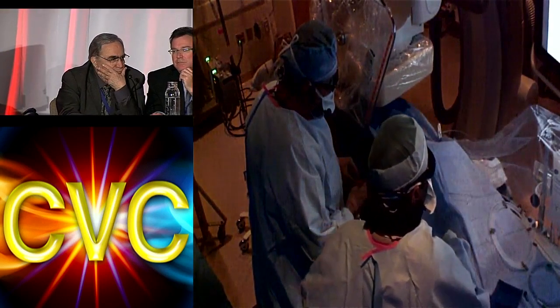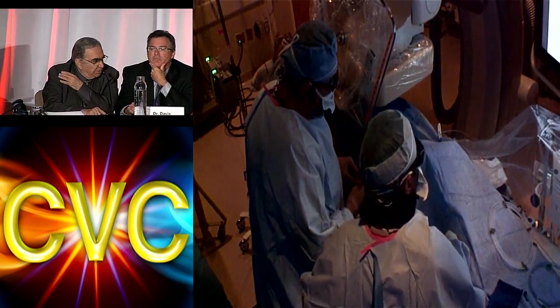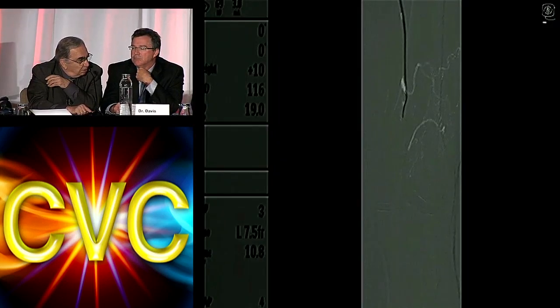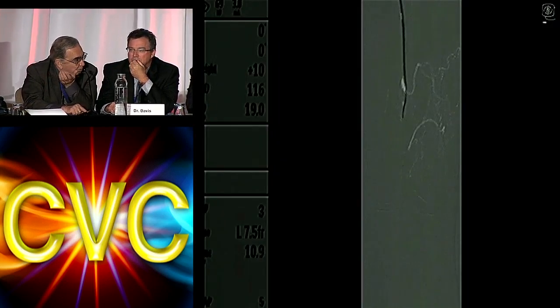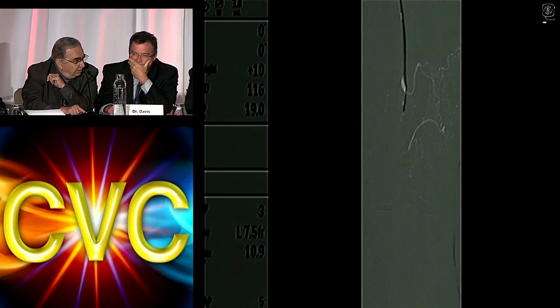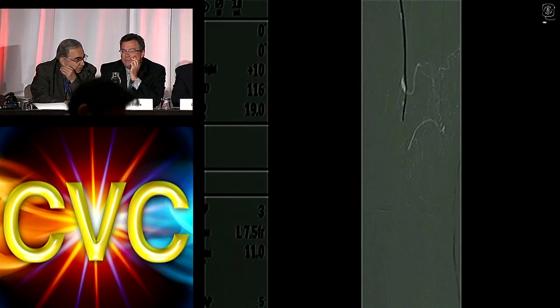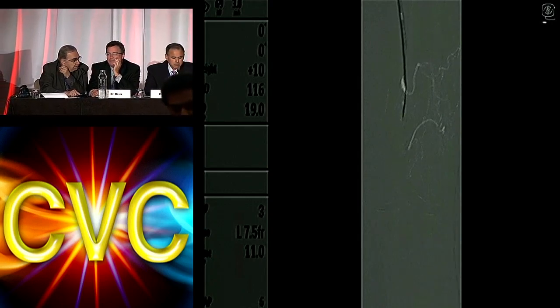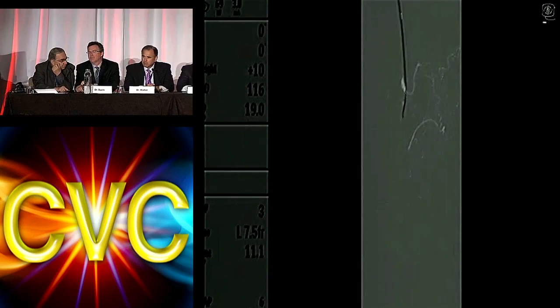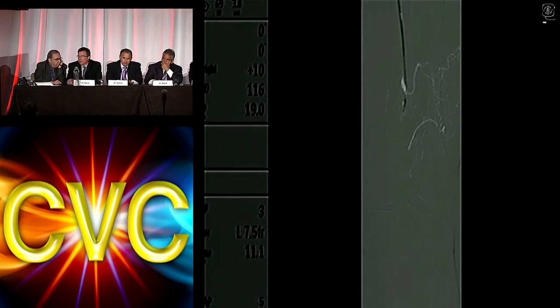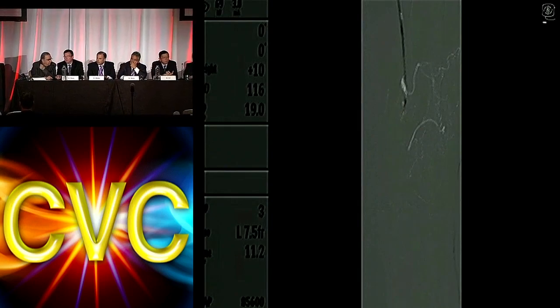How about you, Amir? Would you use it? I probably use glide wire. I always do. That's my first wire that I use, and I don't care how small the artery is. I don't know if that's because I have got so used to it that I can work with it a lot easier than with other wire and catheter combinations.